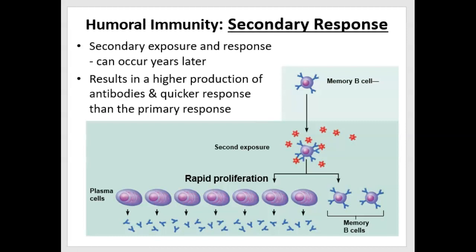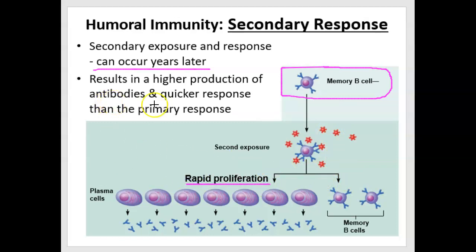So this is a pictorial representation of the secondary response that occurs. So secondary exposure. And this can occur years later. And it is elicited by a memory cell. So this memory cell makes antibodies that respond to a foreign antigen that now you're seeing for the second time. And again, you're going to get rapid proliferation.